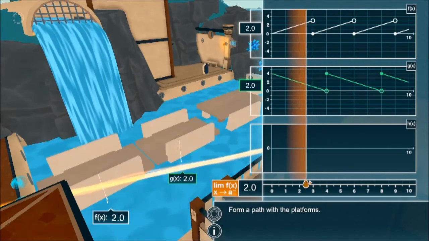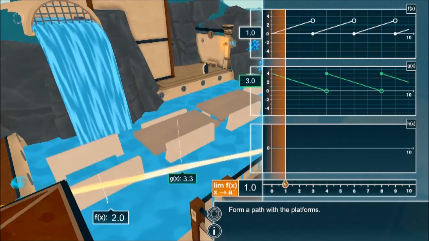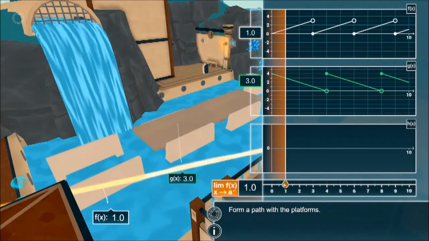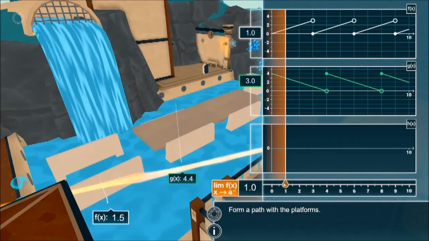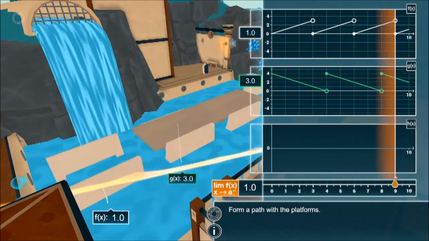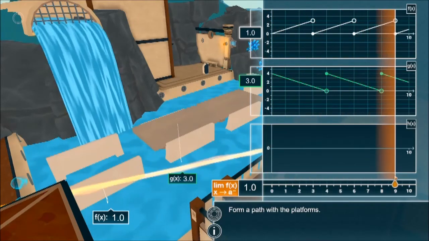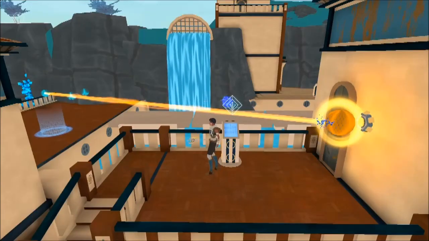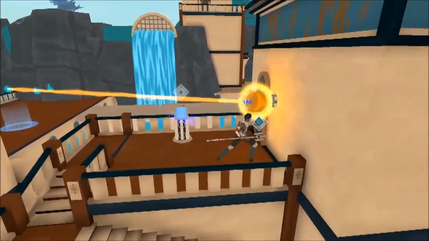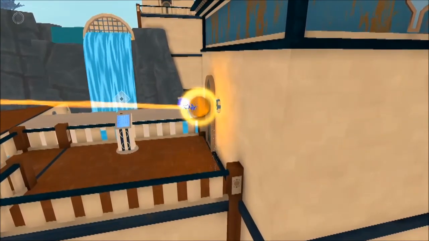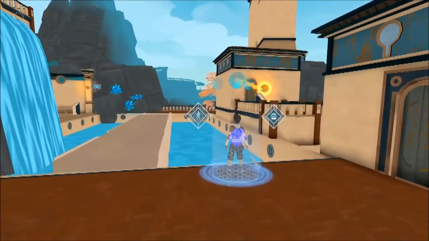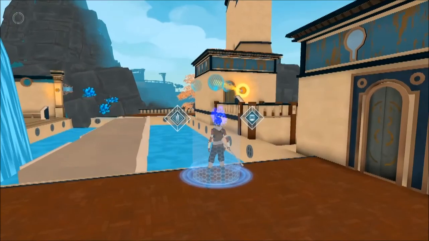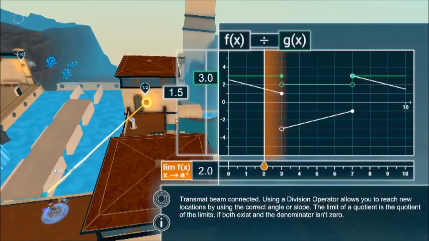We actually want 3. Okay. Yeah, 3 seems to be where it lines up. So do we have that value there? Yes, we do. There we go. And then we need to transmit back. And then we need to set it up for the other side so that we can finish that off.